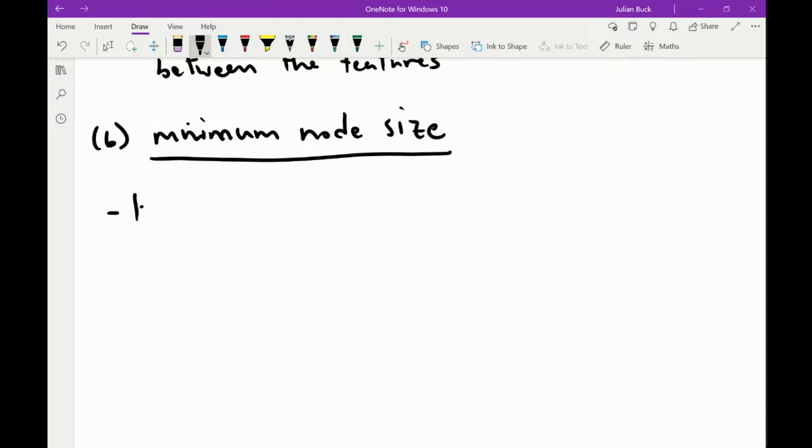So typically for gradient boosting machines, we want to have a decently high minimum node size. So this will help control the depth of the algorithm. So typically 5 to 15. But the trees already have small depth.